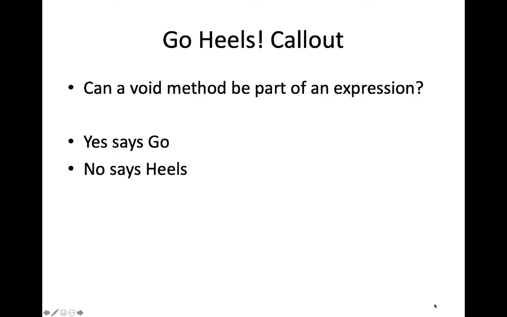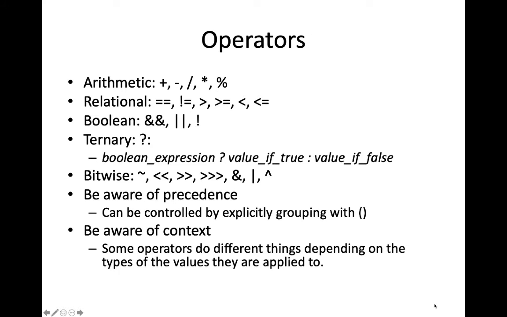All right, so I said we could combine expressions with operators, and we have lots of operators in the language. I'm not going to go through these in detail. Most of these should be relatively familiar. One thing to realize, though, is that these relational operators are operators. In other words, they have a left side and a right side, and then they evaluate to a value.